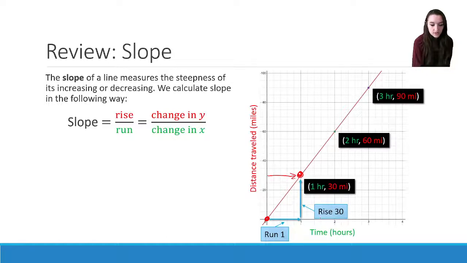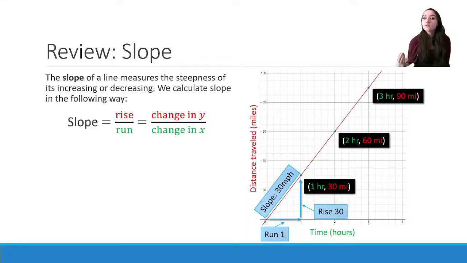And the change in y, how much I have moved up, is 30. So our slope is the rise of 30 over the run of 1, specifically 30 miles over 1 hour using the units that are here. So our slope is 30 miles per hour.